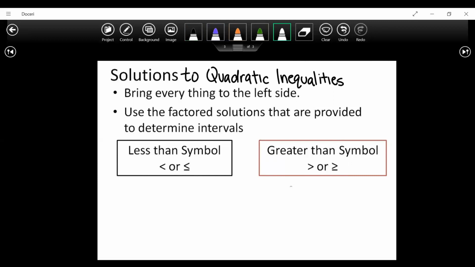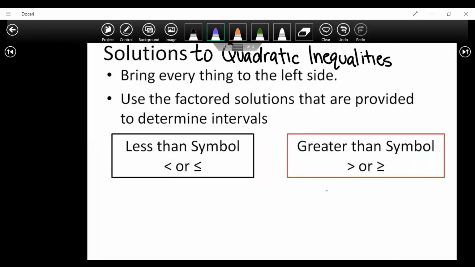We're going to come up with 2 examples just to show you the basic things of what the solutions are going to look like. We still got to be able to graph the intervals. We still got to be able to graph on the number line. If the symbols that are provided give you less than or equal to, okay, here's how we're going to do it.